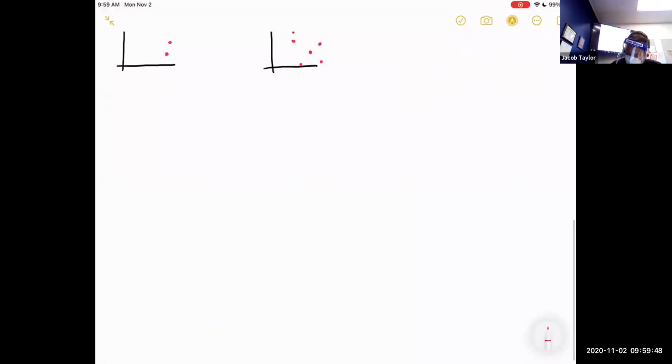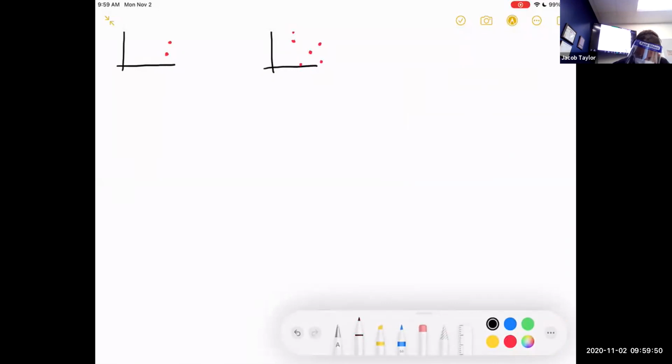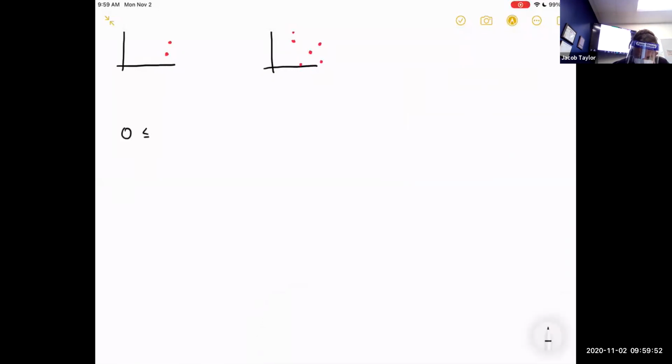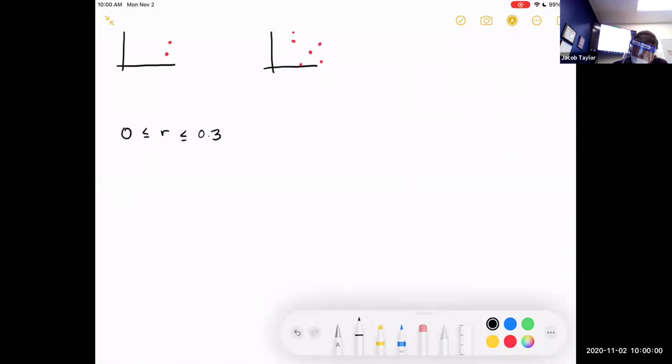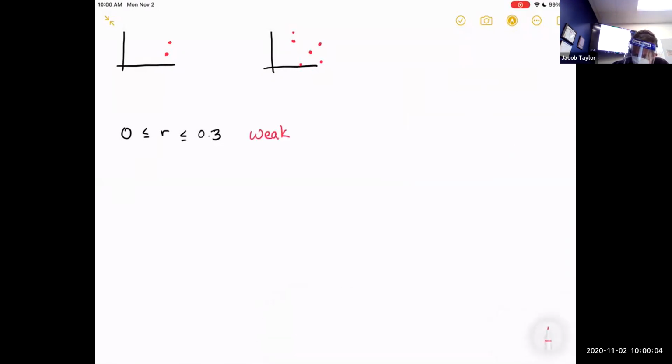We're going to say in our notes that if R is between 0 and 0.3, that is going to be a weak correlation.